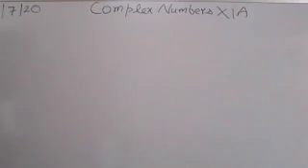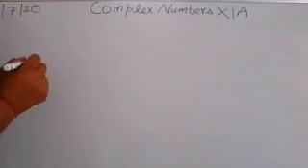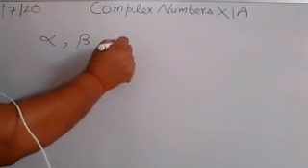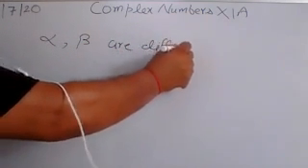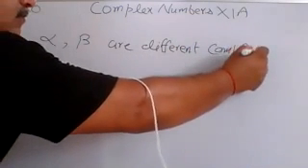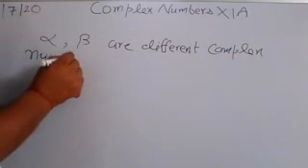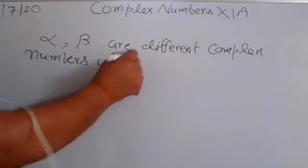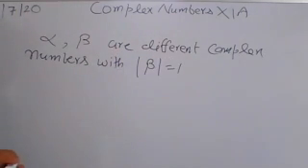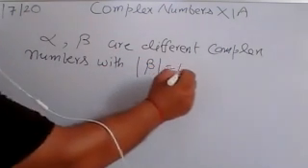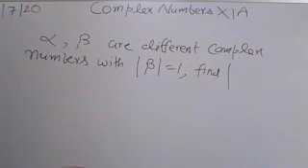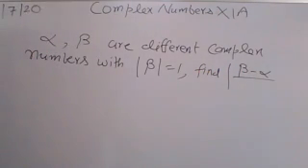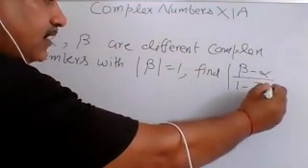Okay, right. Next question. If alpha and beta are different complex numbers with mod of beta is equal to 1, find the value of mod of (beta minus alpha) upon (1 minus alpha bar beta).